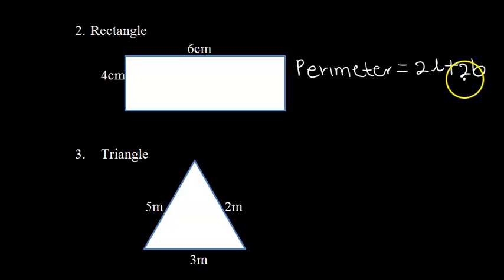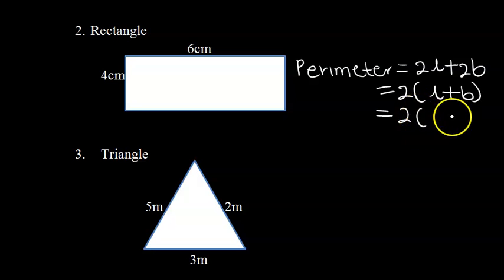Okay, we have a common factor here, which is 2. Then we can take 2 outside, then we'll be left with what? Length plus breadth. Then now we can substitute. We can just say 2 into 6, which is our length, plus 4, which is our breadth.